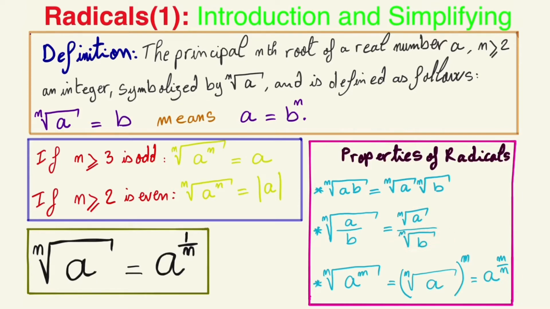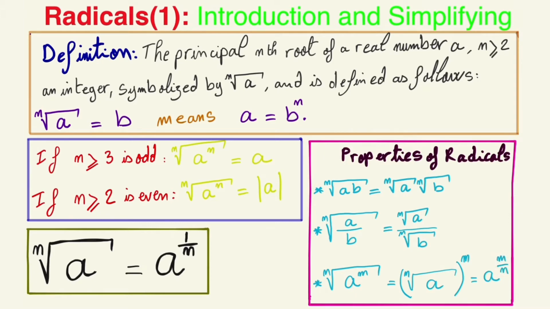You can separate them like that, and if we need to simplify or something, we can always use it like this. And the nth root of a to the power m is equal to the nth root of a, with the power outside, and it's still the same thing, equal to a to the power m over n.